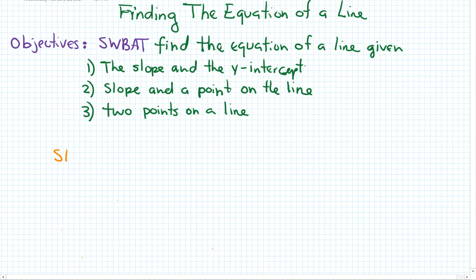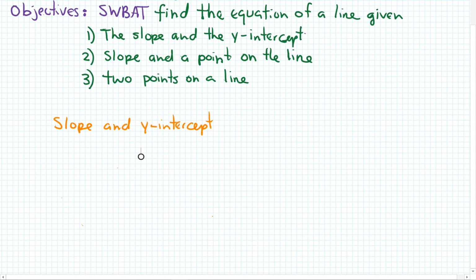Now we're going to find the equation of the line given the slope and the y-intercept. So if you're given, let's say, m is equal to -4/3 and b is equal to 1.